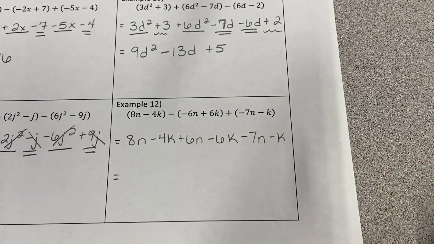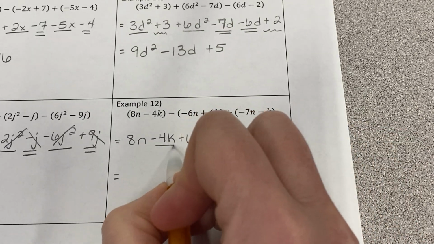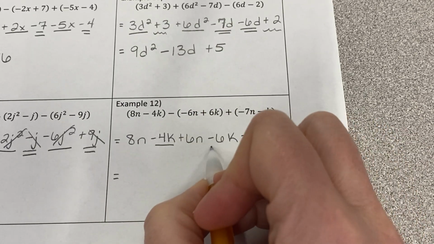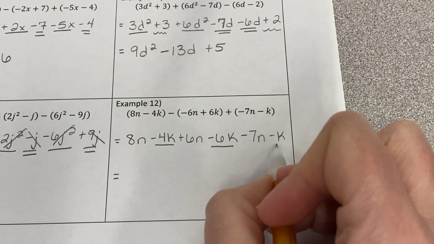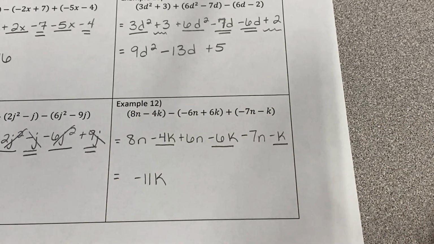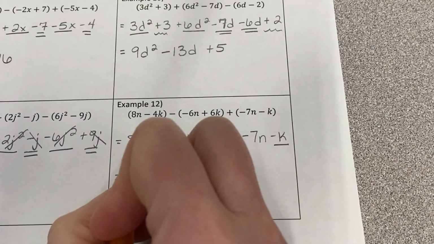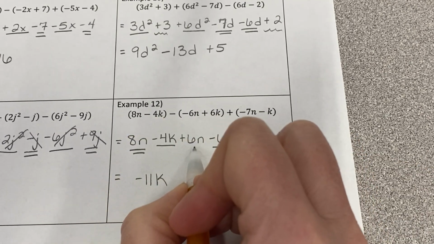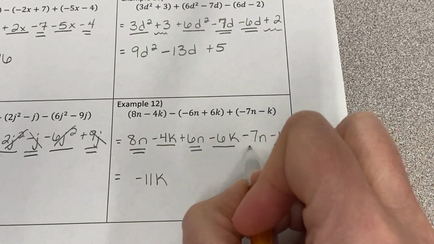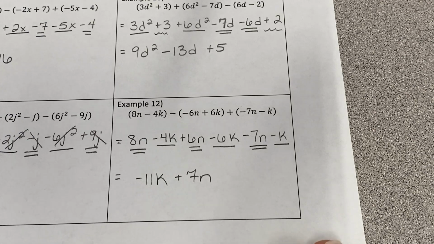So typically we would go in alphabetical order in that case. So negative 4k minus 6k minus 1k is negative 11k. If you don't go in alphabetical order, you're not wrong, okay? 8n plus 6n minus 7n is positive 7n.